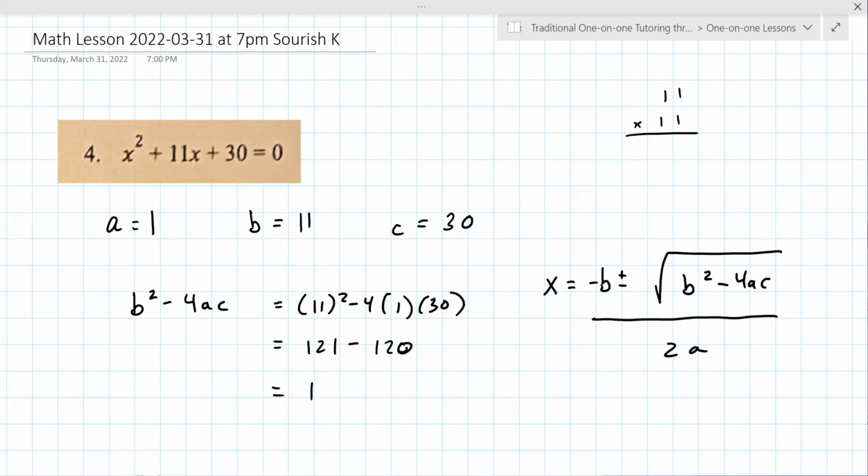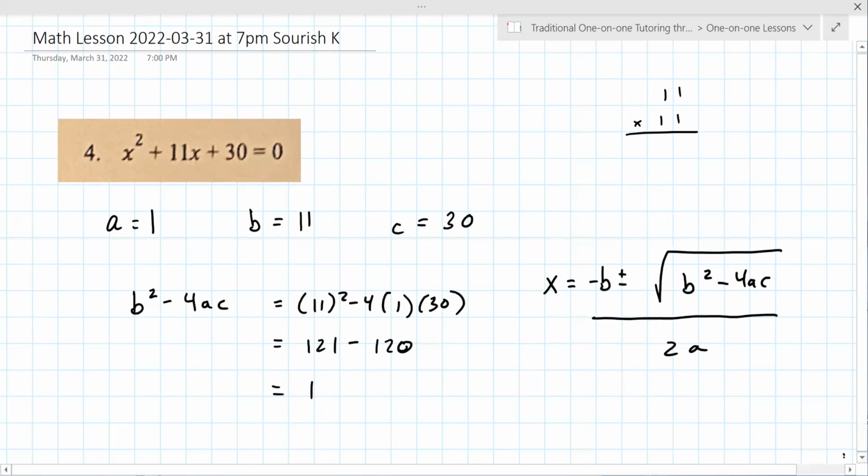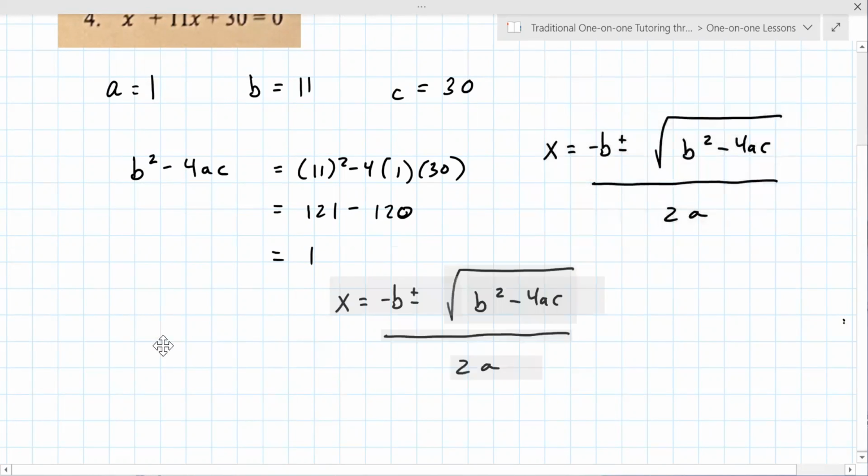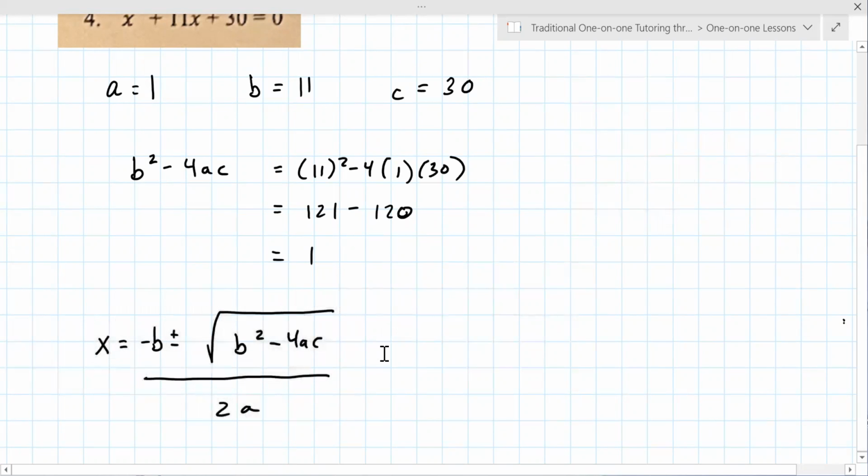When you're solving this, I recommend doing it this way because it breaks it up into pieces that will be much more manageable. So I'm just going to move this down. And like I said, we're going to substitute in for the variables. So minus B is 11 plus or minus the square root of 1, because this B squared minus 4AC is the value of 1, over 2 times 1.